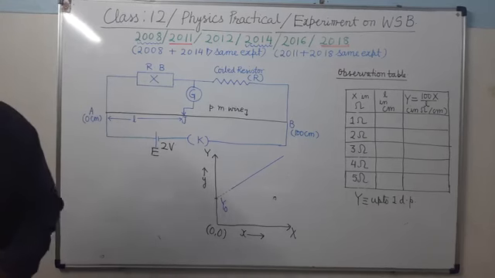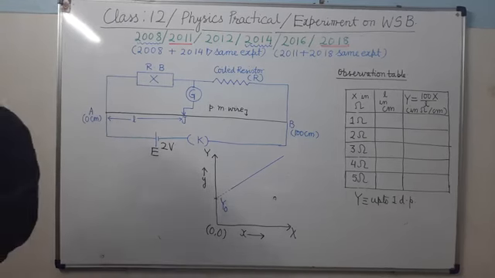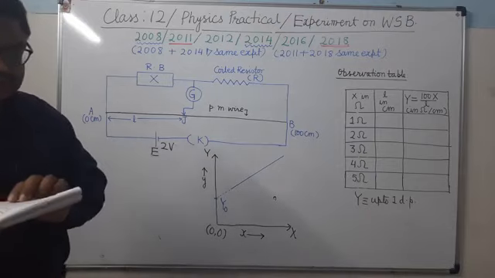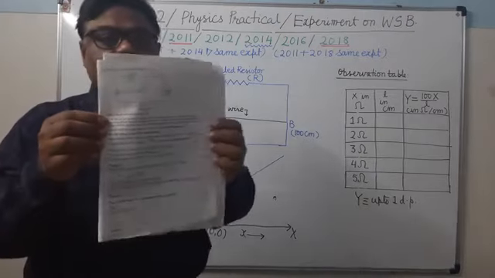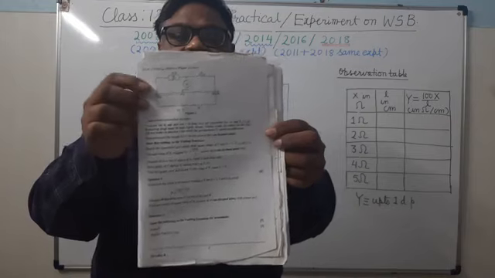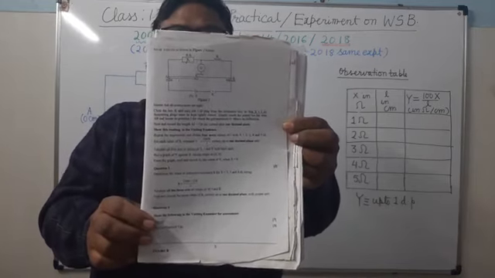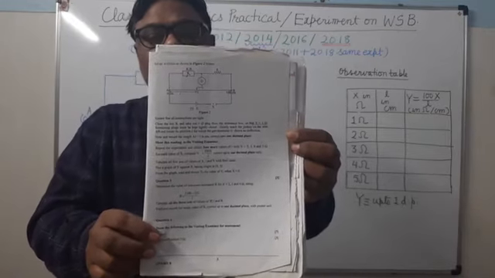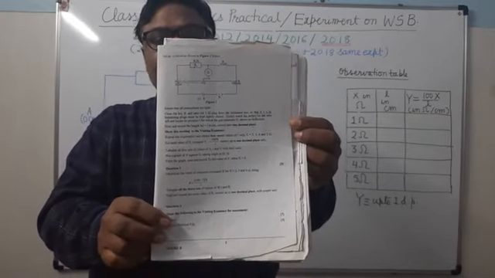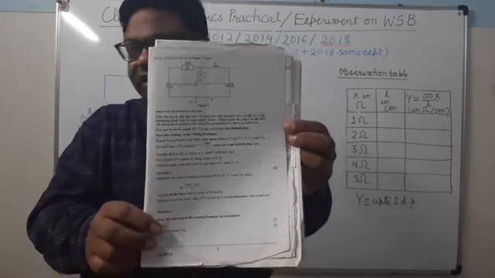I am showing you different years' papers. Here you can see this is the question paper of 2014. So in 2014, the experimental circuit diagram was like this. It's clear?